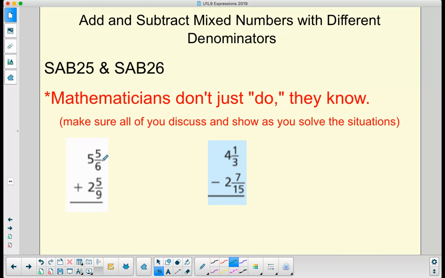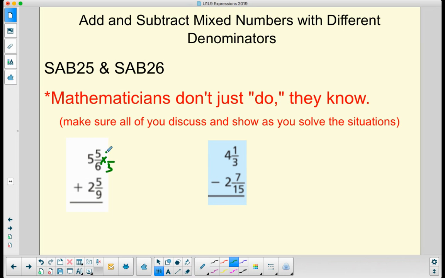So then I think of my multiples of 6 and 9. If I need to, I would even look at a multiplication chart. Look across the 6s and the 9s. What's the least common multiple they have? Well, when I look down my 6s, I see 6, 12, 18. Oh, I know that 9 times 2 is 18. So my multiplier for this one was 3.